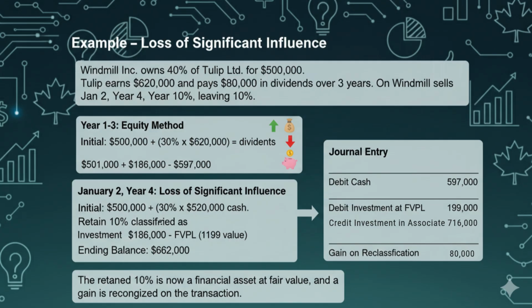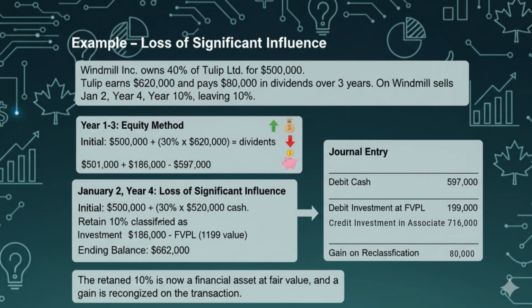Take Windmill Inc., which owns 40% of Tulip Limited for $500,000. Over 3 years, Tulip earns $620,000 and pays $80,000 in dividends. On January 2nd, year 4, Windmill sells 30% of Tulip for $597,000, leaving only 10%.